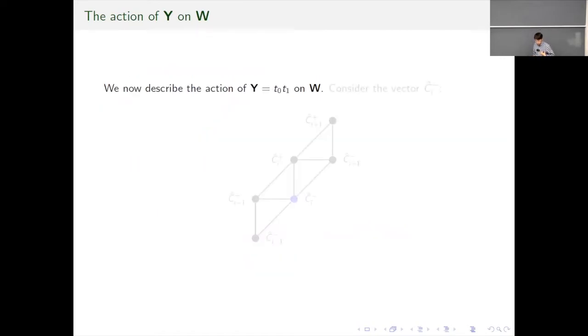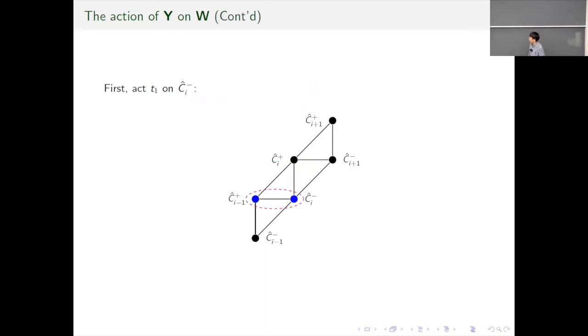What about Y? Y is T0 T1. This action is a little complicated, so let's consider the vector ci minus hat first. Now we apply T1 to this vector, but as we saw earlier, T1 acts horizontally, so T1 applied to ci minus is a combination of these two characteristic vectors.